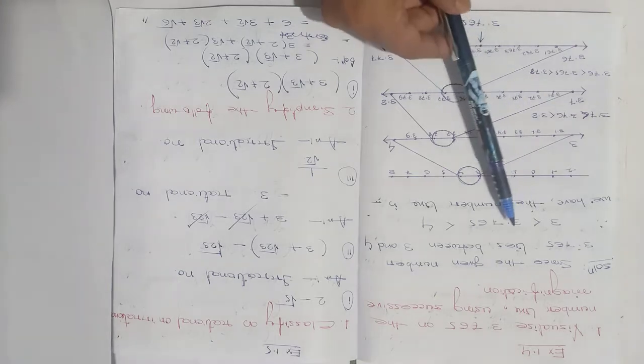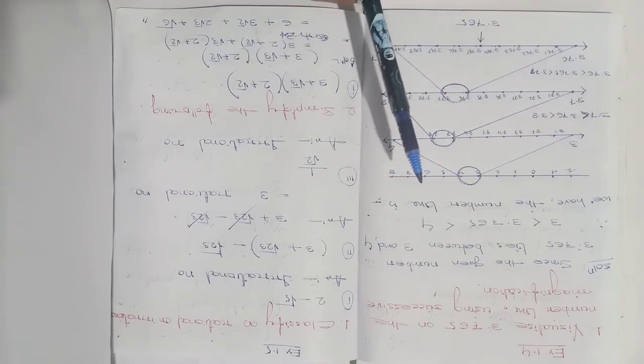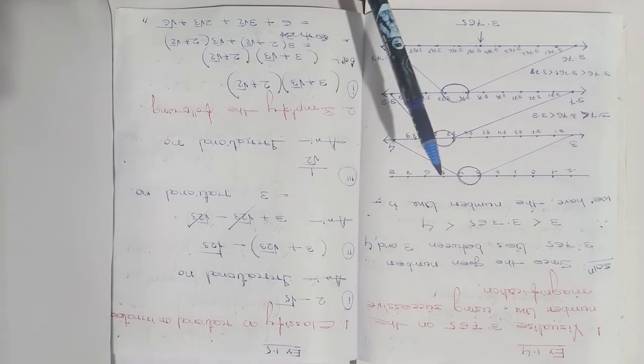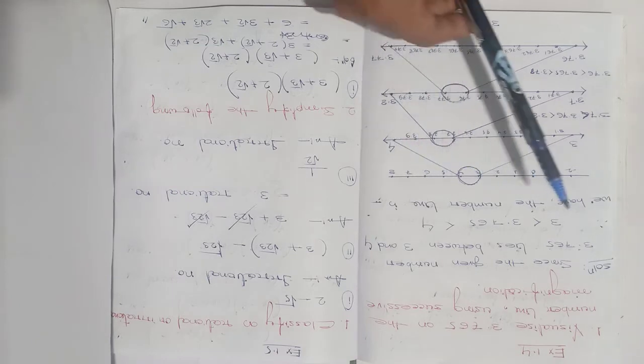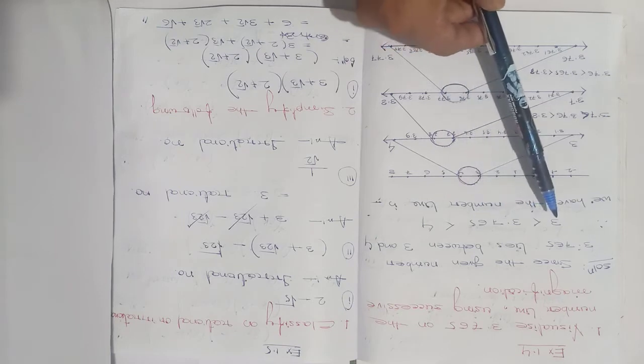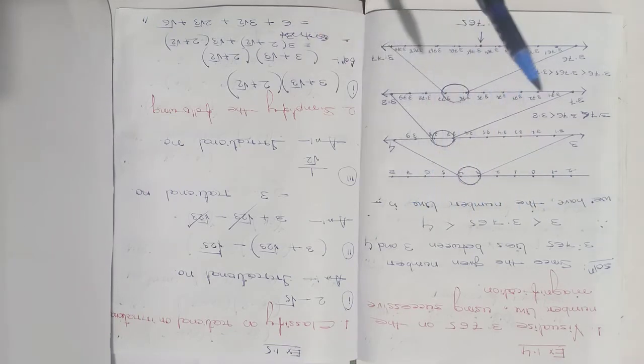First of all, we have to observe which two natural numbers or integers this number lies between. So this number lies between 3 and 4. So we have to magnify the space between 3 and 4. We have to increase the area or the line between 3 and 4, right?